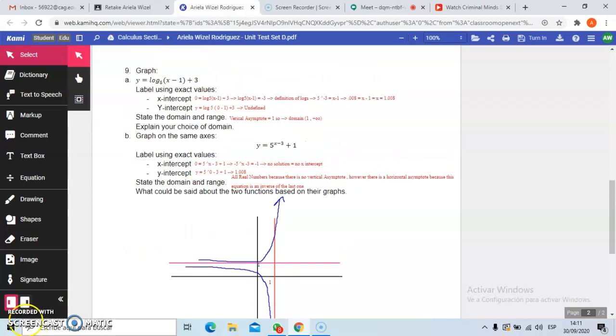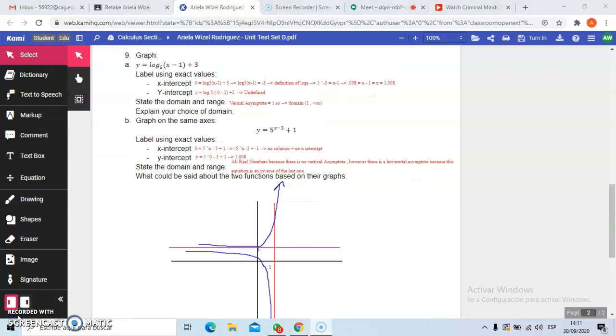For my last problem, which is number 9, to solve for the x-intercept, I turn the y into a 0 and then I solve for x. I use the definition of logarithms in the process. First, I subtracted 3 from both sides, and then I applied the definition of logarithms, and I am left with 5 to the power of negative 3 is equal to x minus 1, and 5 to the power of negative 3 is 0.008.